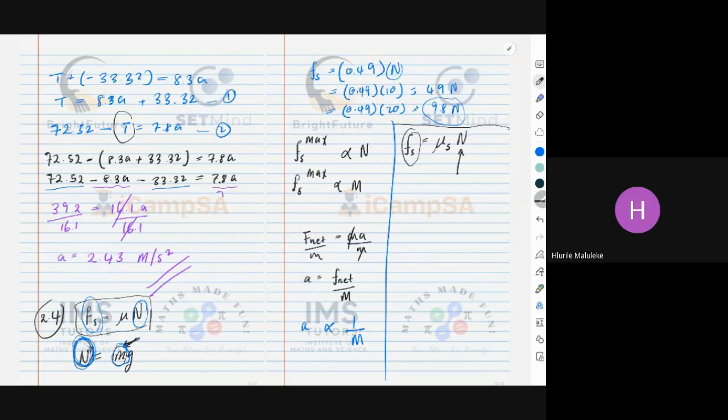So how this happens is you have this box here. If I have 5 kg, we remember that normal force is equal to mg in this case, right?